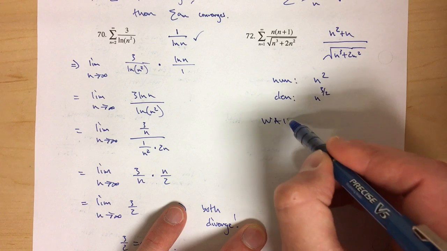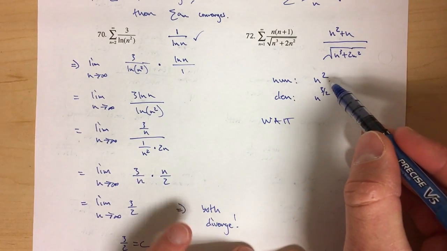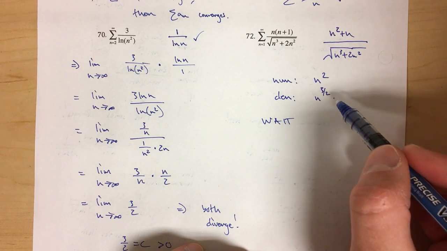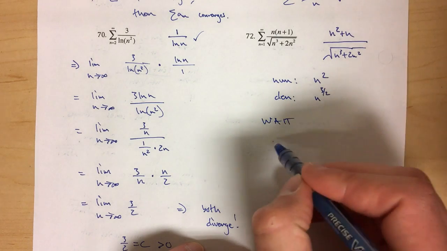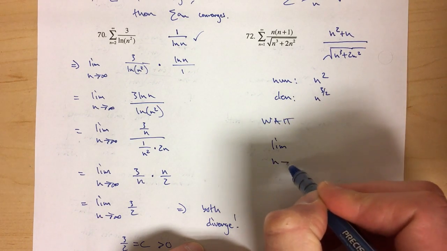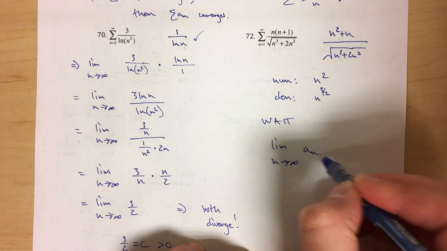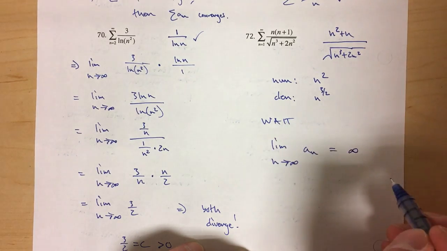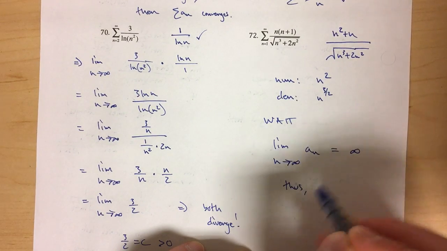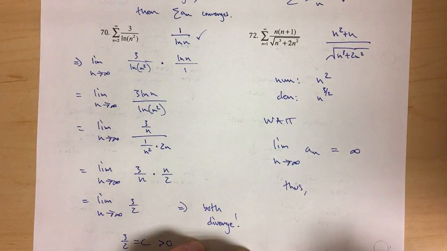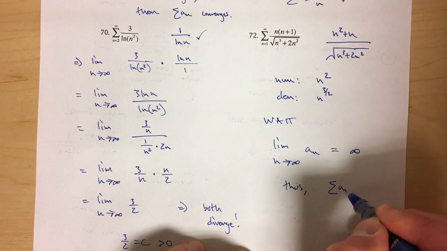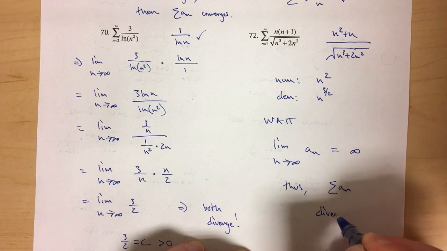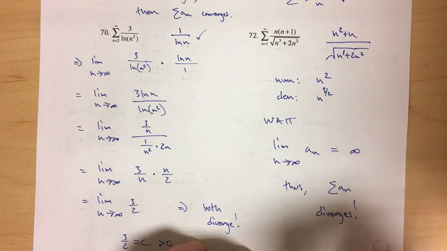Wait a second, that's really bad because the numerator has a degree higher than the denominator. So the limit as n approaches infinity of this sequence approaches infinity, and thus we're adding up infinitely many infinite terms. So this series definitely diverges in a really bad way.